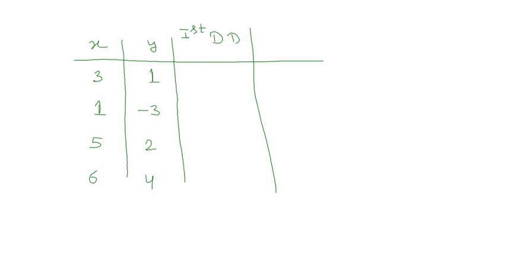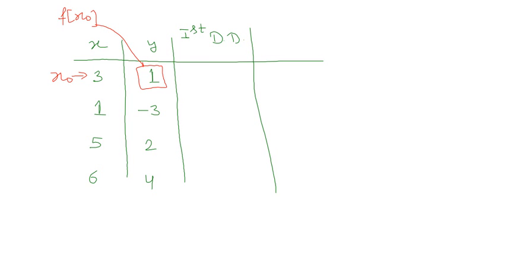Look here: this is the zeroth divided difference, f of x naught. The zeroth divided difference is right here at the start of the y column. Now for the first divided difference, this is your f of x naught.